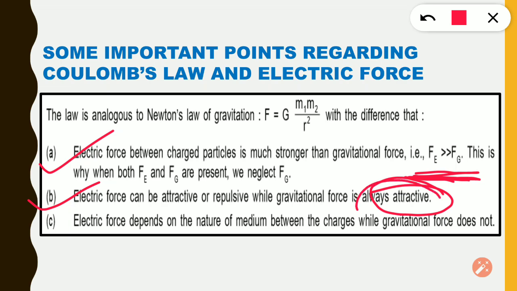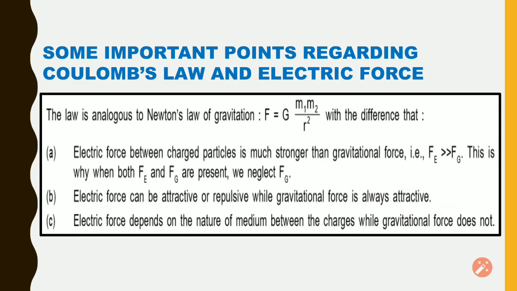Point number three is gravitational force doesn't depend upon the medium in which the masses are kept. Suppose the moon is there, the earth is there, and in between there is a medium or no medium. It doesn't matter in the calculation of gravitational force between two masses, but in case of electrostatic force it matters in which medium the charges are kept. So these are the 3 important differences between gravitational force and electrostatic force.